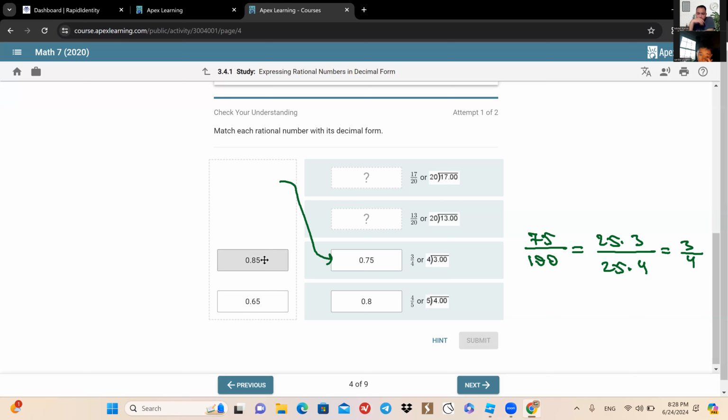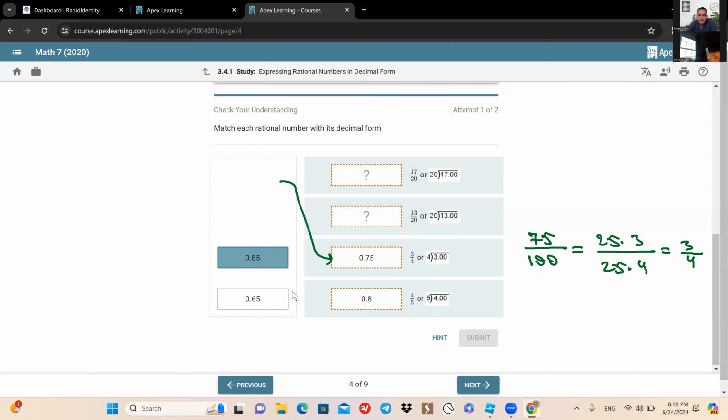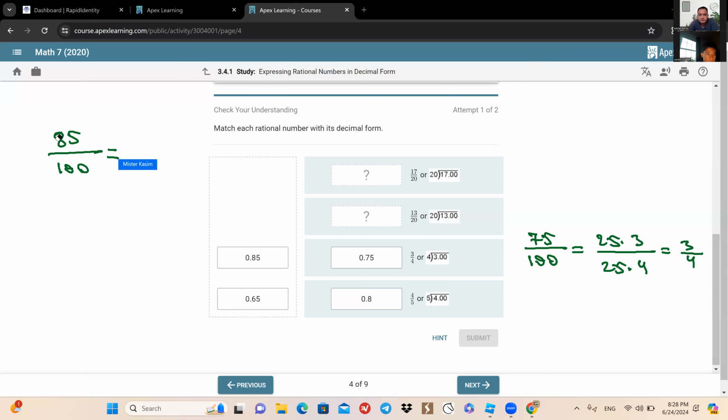This one is 0.85, which is 85/100. Both numbers are divisible by 5, because the last digit is 5 and the last digit is 0.